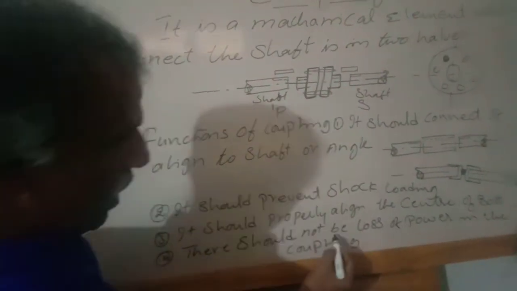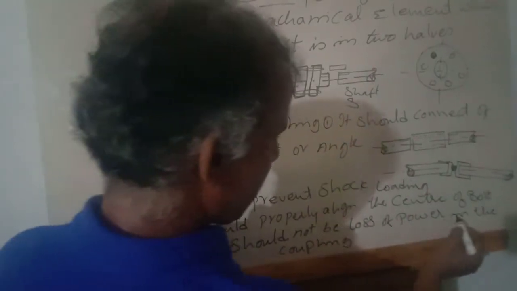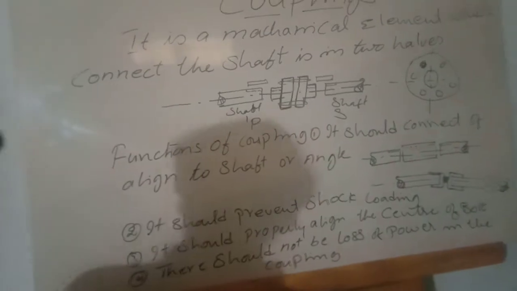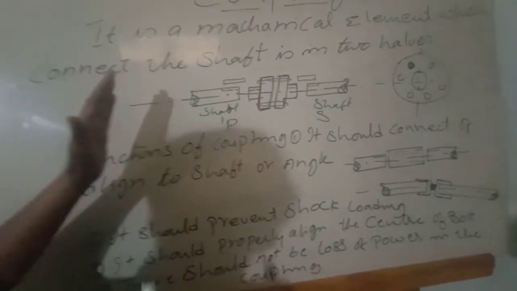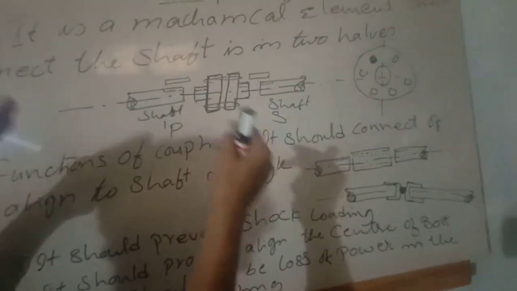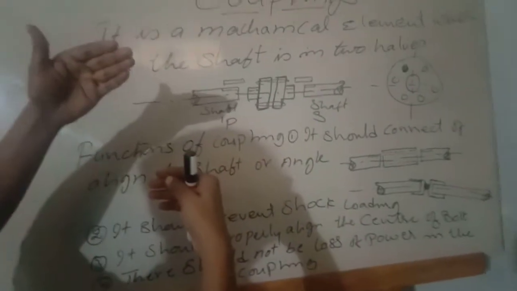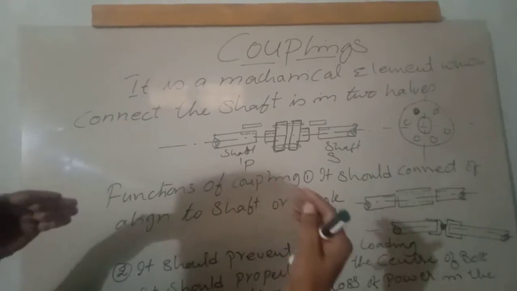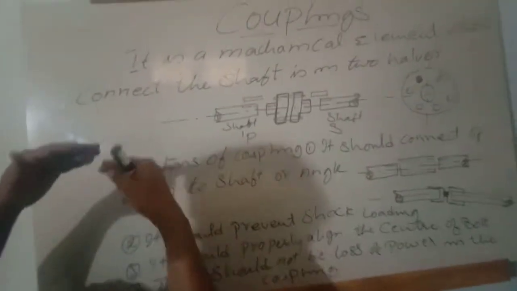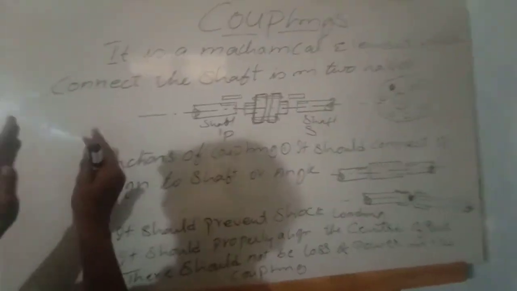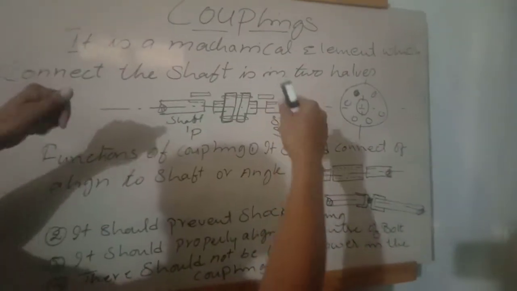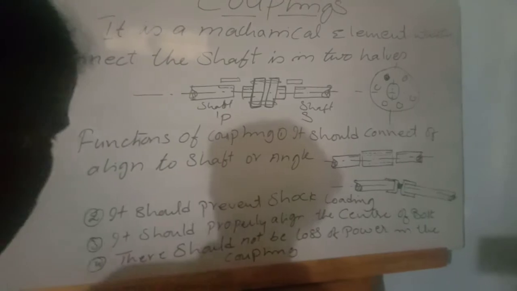There should not be a loss of power in the coupling. Loss of power means that when this shaft is rotating, the other shaft is not rotating properly because of improper alignment. Then the whole system will go oblong, the motor shaft will turn more forcefully to the other shaft, and sometimes it will get sheared and damaged.